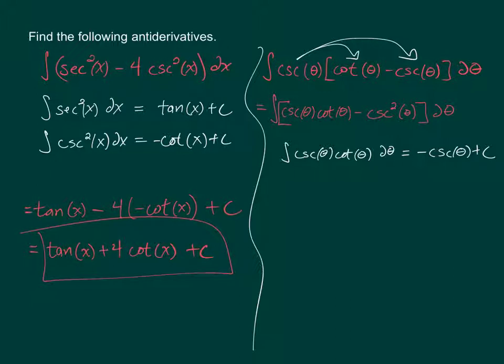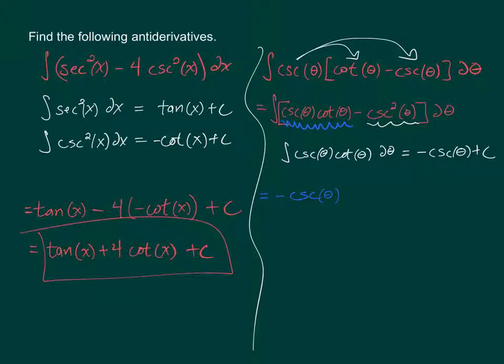So now we can take the antiderivative of each term. So this first term, cosecant theta cotangent theta, when you find the antiderivative of that, you'll just get negative cosecant theta. So this will equal negative cosecant of theta. And the second term over here we've already used in this other example.